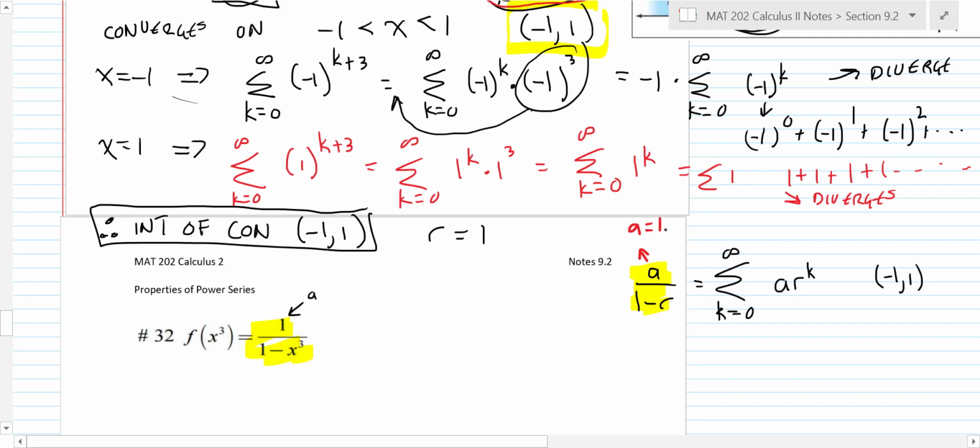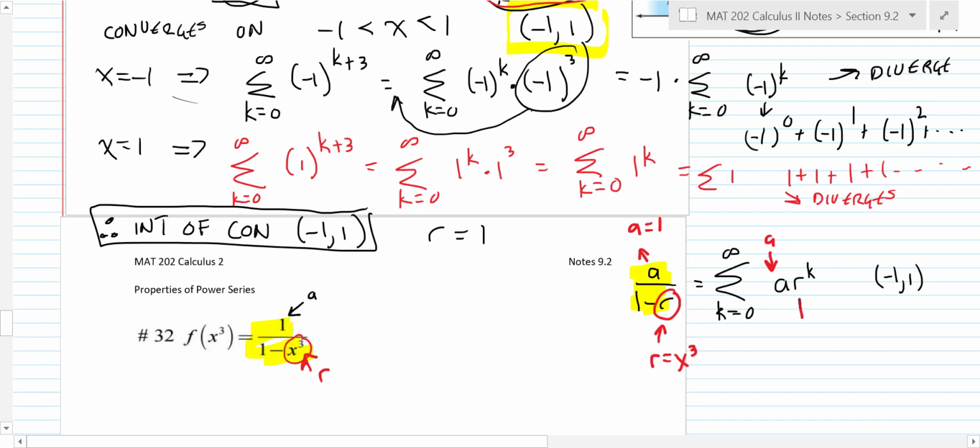What do you want to turn the r into? It needs to be x to the third. So that's your r: r equals x to the third.